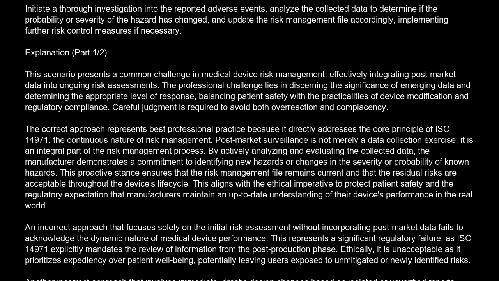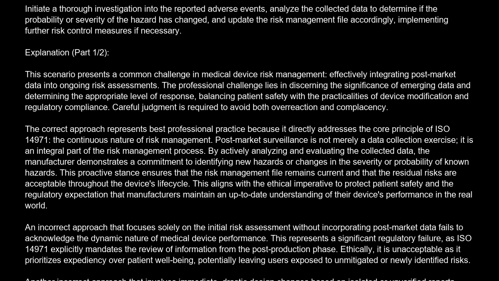This proactive stance ensures that the risk management file remains current and that the residual risks are acceptable throughout the device's lifecycle. This aligns with the ethical imperative to protect patient safety and the regulatory expectation that manufacturers maintain an up-to-date understanding of their device's performance in the real world.